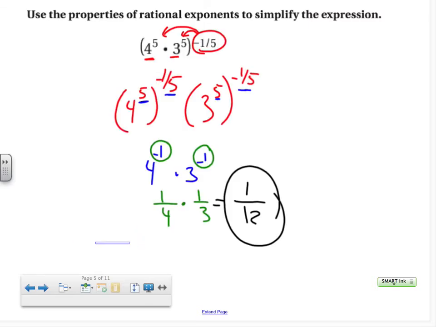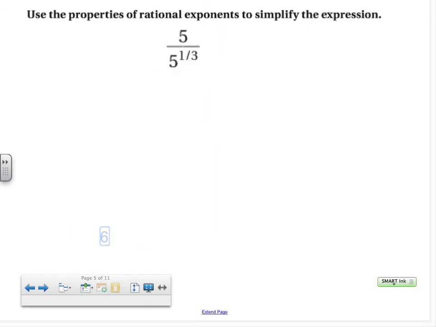Right, pause and try this next one. We've got 5 divided by 5 to the 1/3. One of them does not appear to have an exponent. What number can we put up there that won't change it? Well, let's put a 1 up there. Now we've got a division problem with exponents. When you're dividing exponents that have the same base, you subtract: 5 to the 1 minus 1/3.